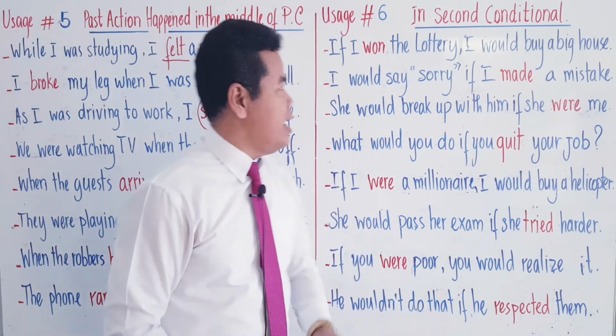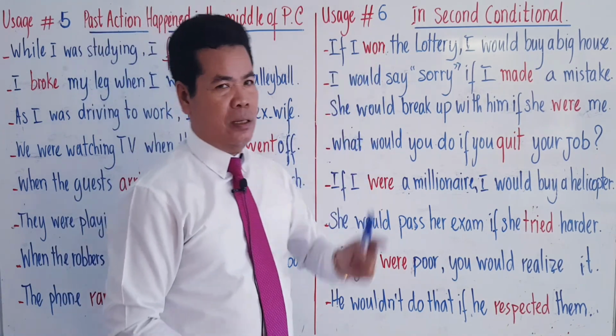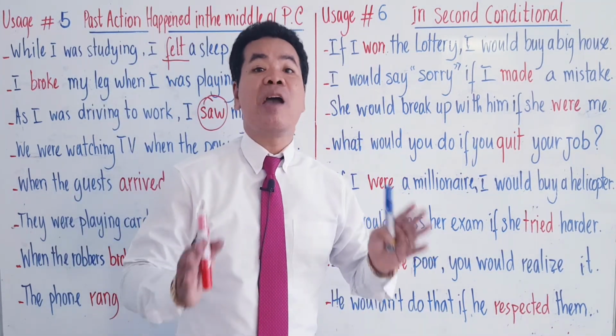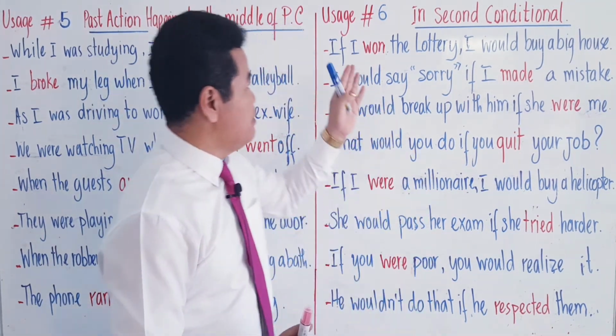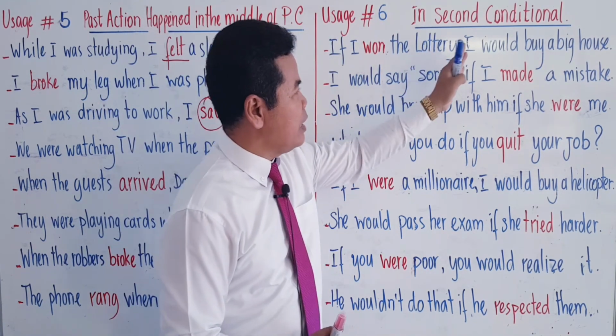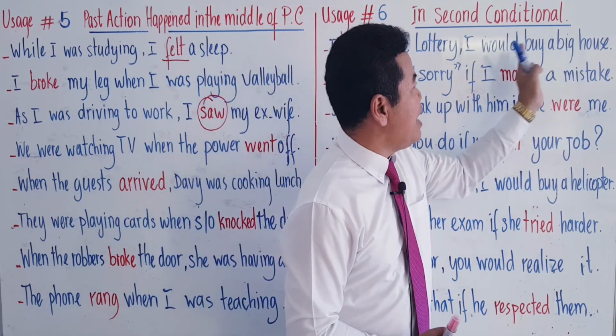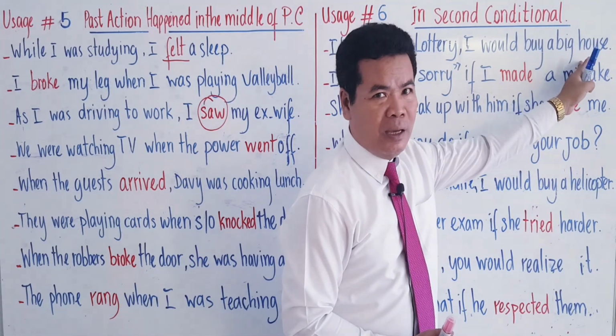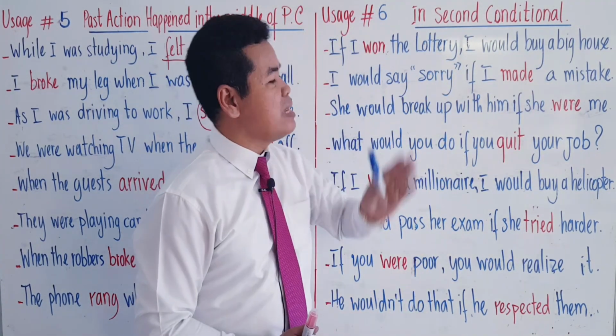You cannot say, if I win. No, you say, if I won. All right? If I won the lottery, I would buy a big house. This is called second conditional.